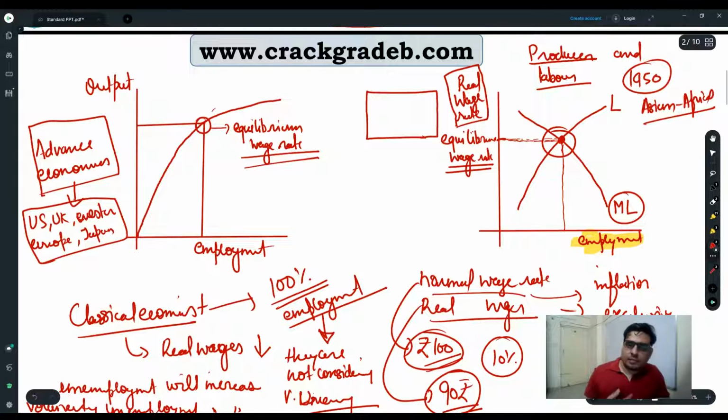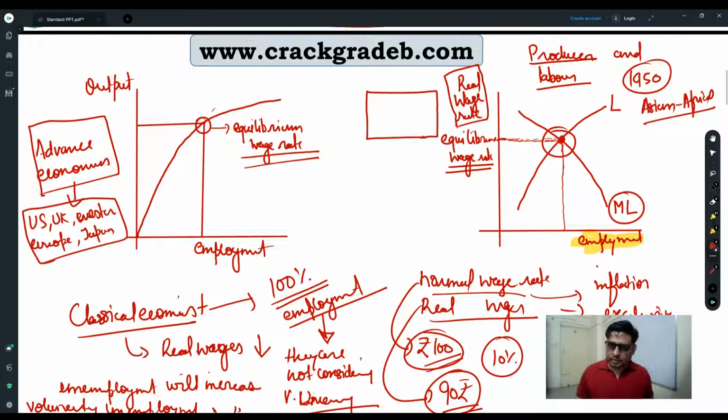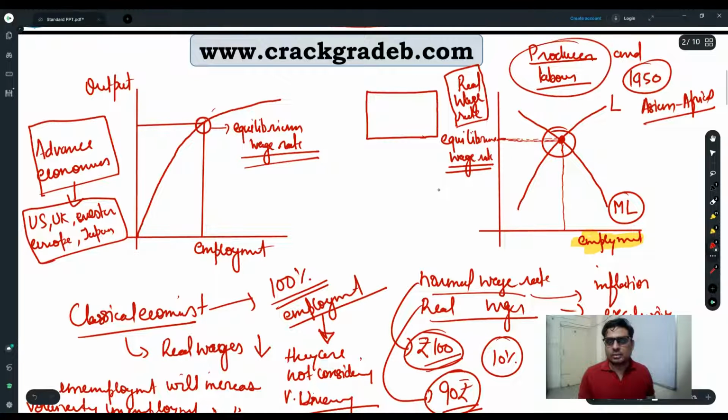And when the equilibrium wage rate is going to change, then what will happen? If the equilibrium wage rate is going to decrease, then people are not interested to do the job. And if the equilibrium wage rate is going to increase, then the producer is not interested to hire more number of people.